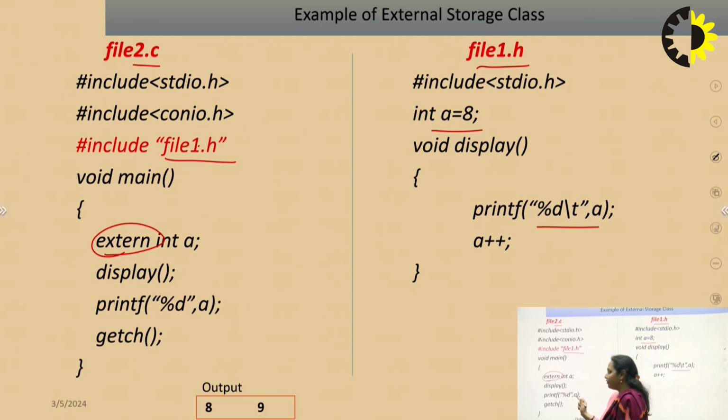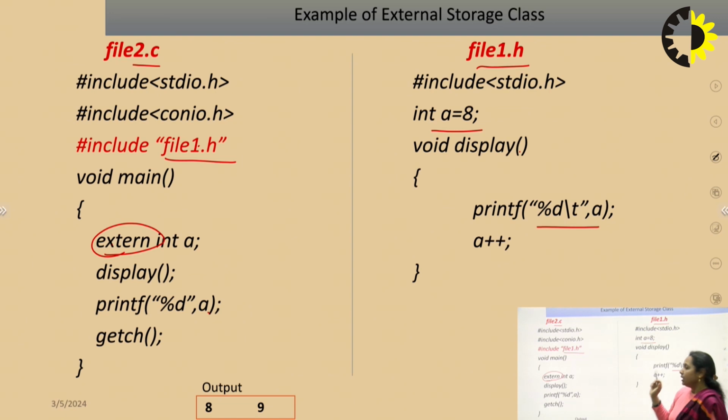Next, printf a. So how is this program going to be executed? As soon as the main function is executed, it is written extern int a, so a is of type extern. Now display. As soon as the display function is called, the control will go here.